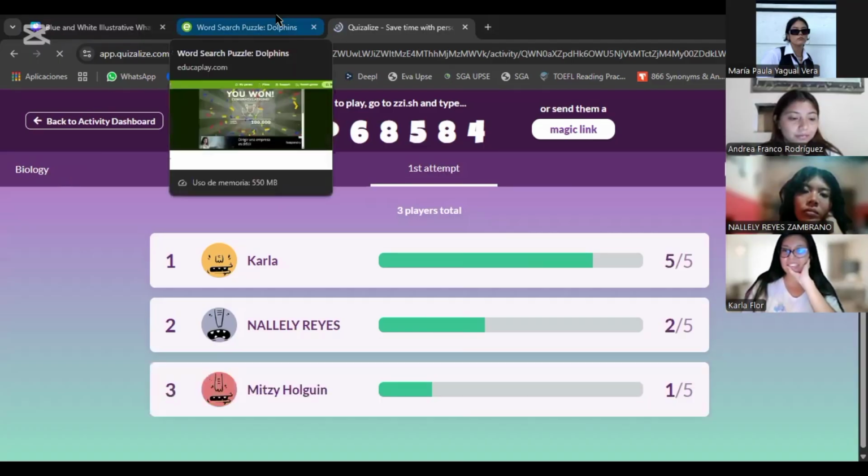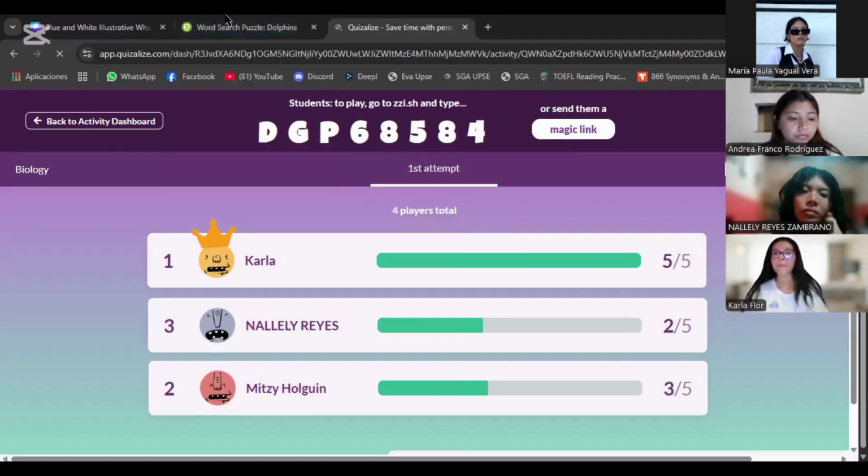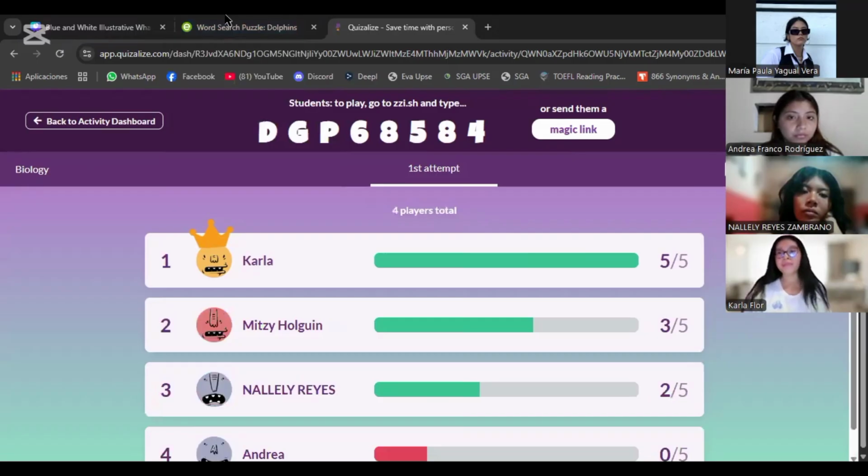Well, the questions that we have in the test are: question number one, which organ in dolphins is primarily responsible for their ability to breathe air? Flukes, fins, blowhole, or gills? Question number two, what is the primary diet of most dolphin species? Plankton, seaweed, coral, or fish?